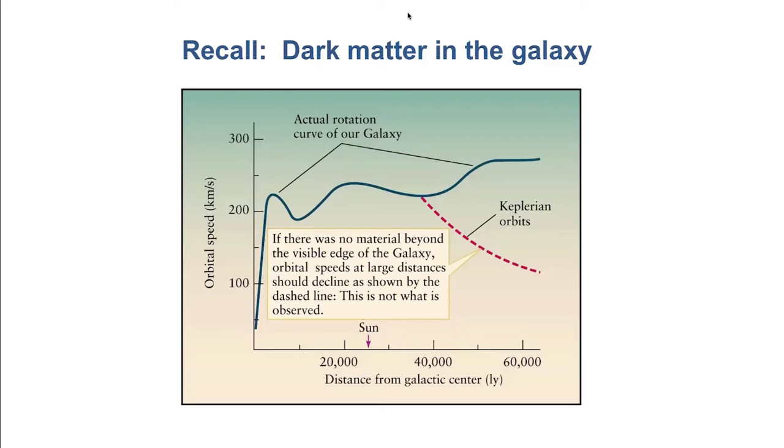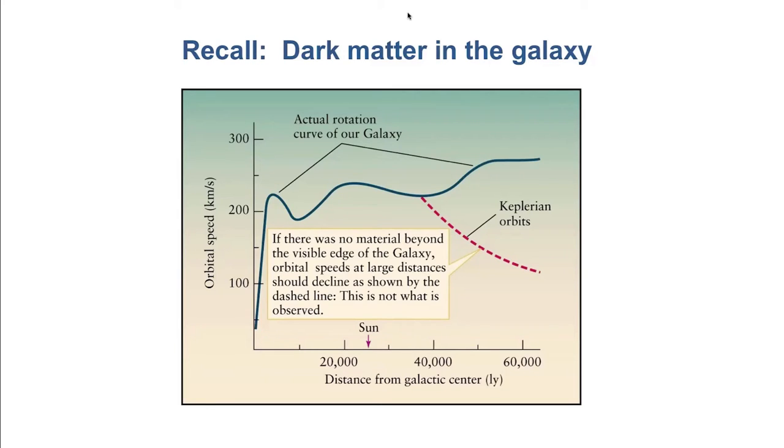So there's two basic problems. The first one is we're detecting a lot of matter that isn't there.